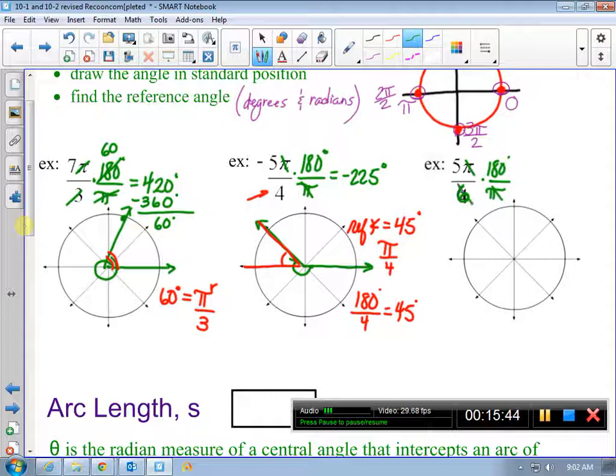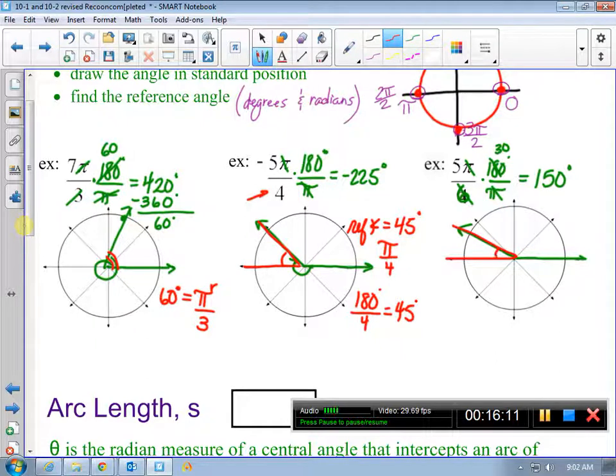Reduce the pi, that goes at 30 times. Again, you could do it on your calculator, it's going to take you longer. You should know how many times 6 goes into 180, and you should know how many times 3 goes into 180. It's a 150 degree angle, so we are just a little bit short of the x-axis here.